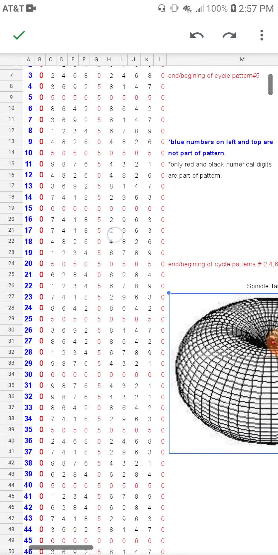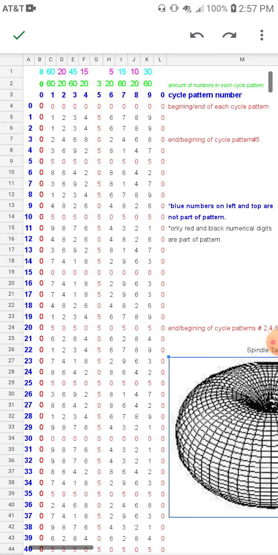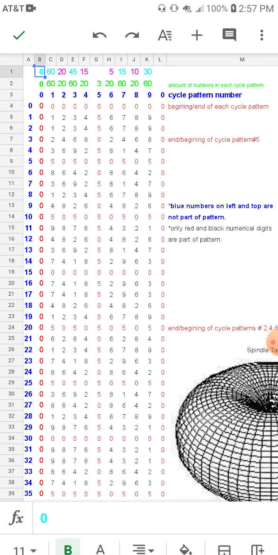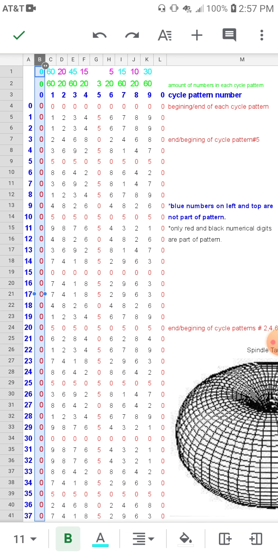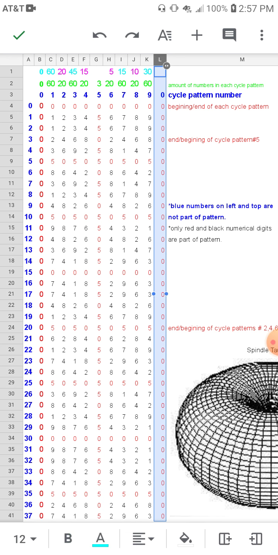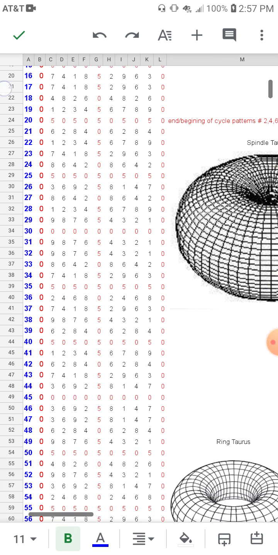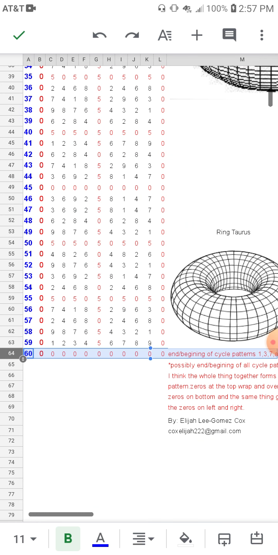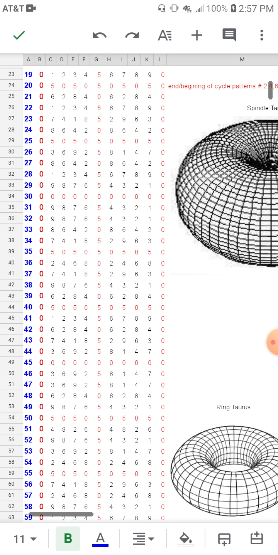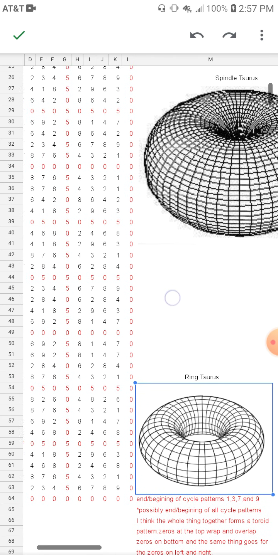Now if you were to connect these zeros with these zeros first, and then the top and bottom zeros, you would come up with this kind of torus, a ring torus.